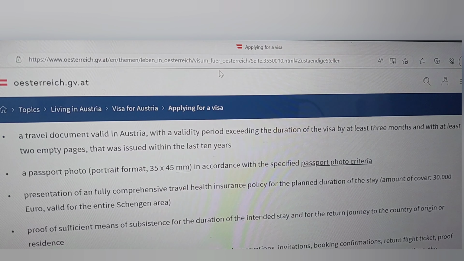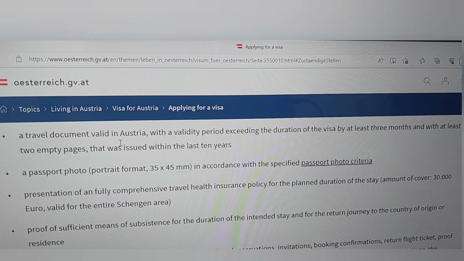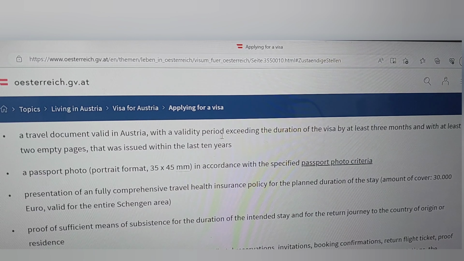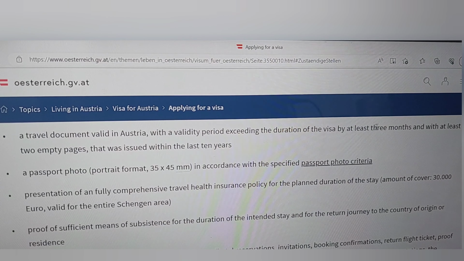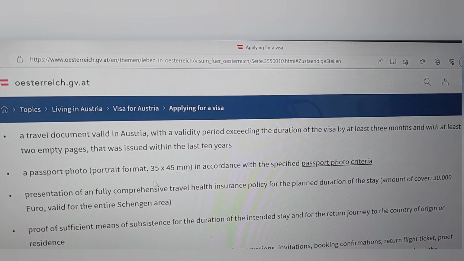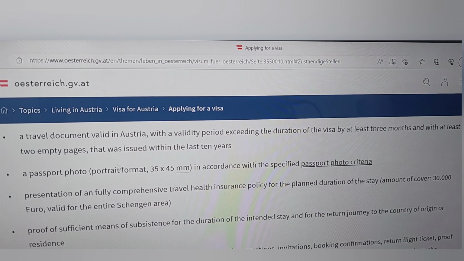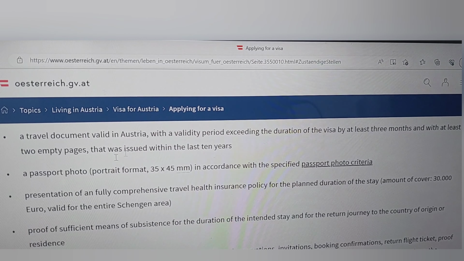The next one is a travel document valid in Austria with a validity period exceeding the duration of the visa by at least 3 months and with at least 2 empty pages, that was issued within the last 10 years. That is your passport, okay?